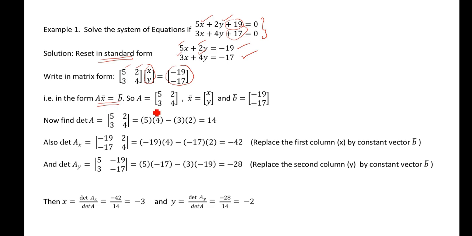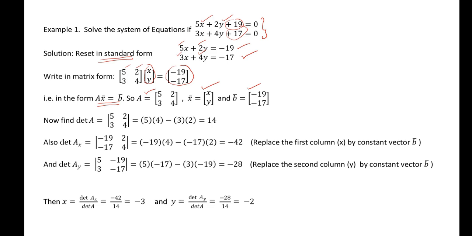So what is A? A is 5, 2, 3, 4. There we have my A. What's the unknown vector x? The variables are x and y. What's the constant vector? Minus 19, minus 17. Now all I have to do is find determinants of those. But we have to be careful.